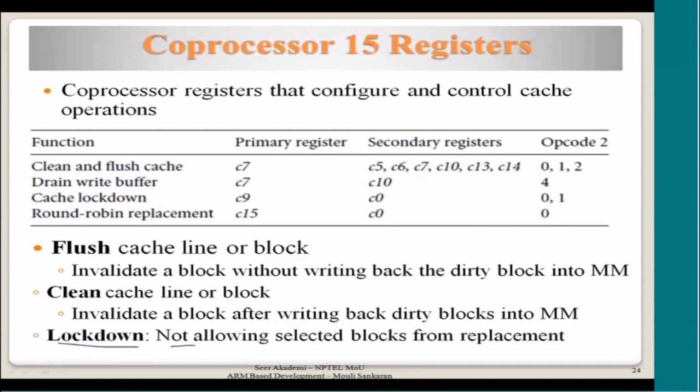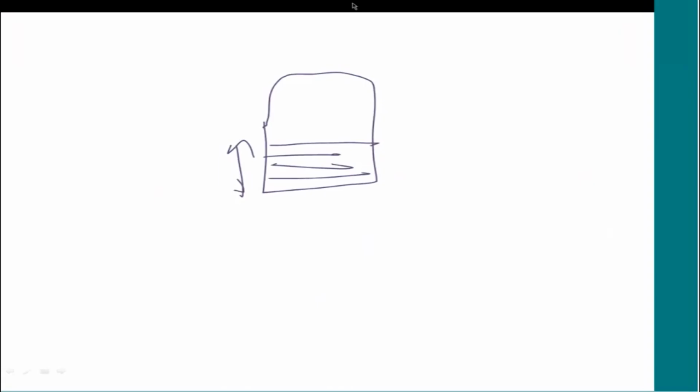Lockdown in the sense not allowing selected blocks from replacement. There may be a need for some part of the cache, say two blocks, to be locked down. This could be the instruction cache.